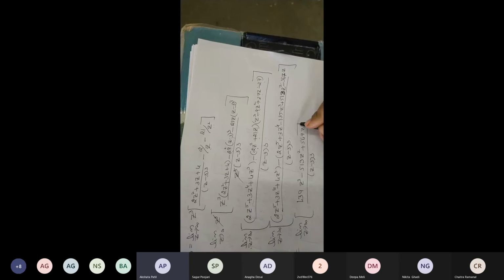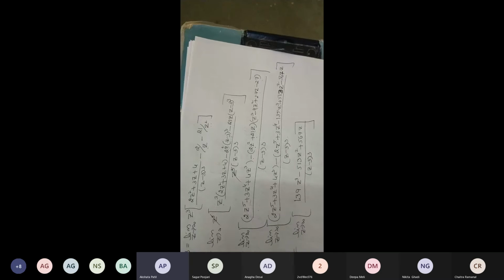Then we will get limit as z tends to infinity. So here we have to simplify both these brackets. Then we will get 139 z cube minus 513 z square plus 567 z divided by (z minus 3) the whole cube.